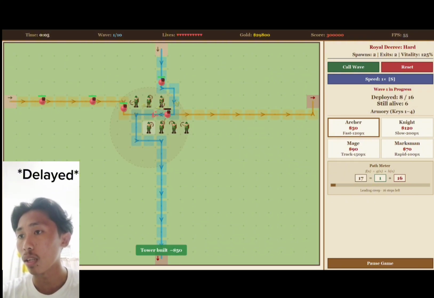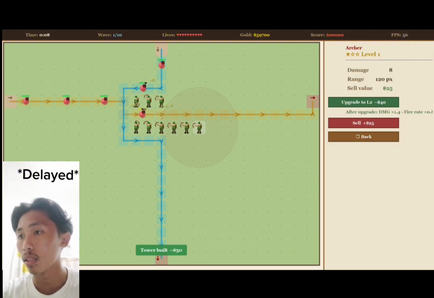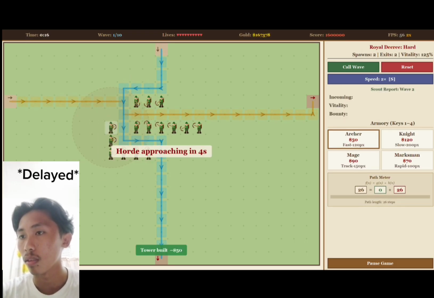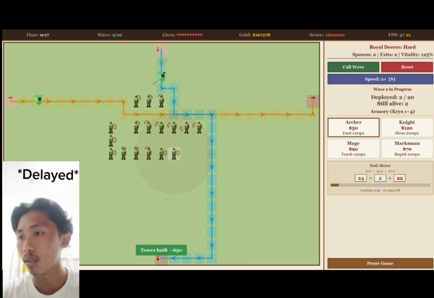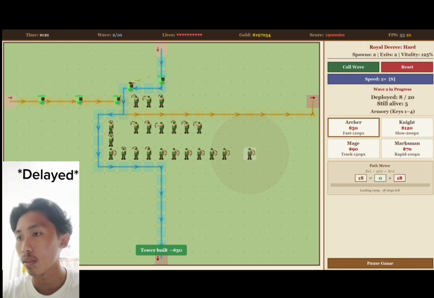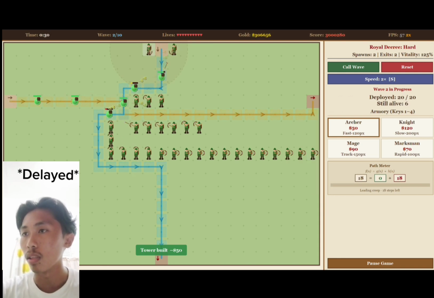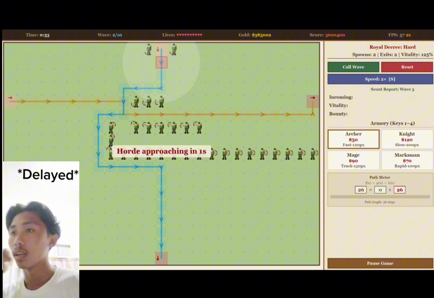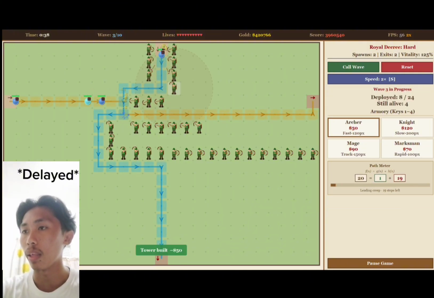So let's try defending it again. Let's fast forward it. You also cannot block the enemy's path, since it needs to go on a path.